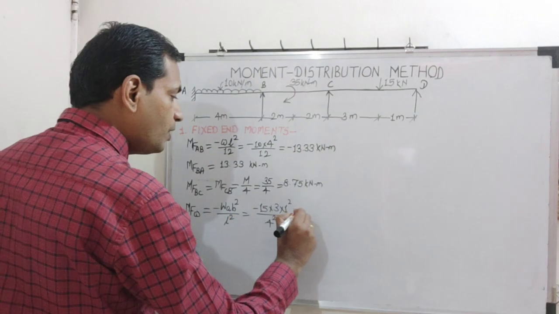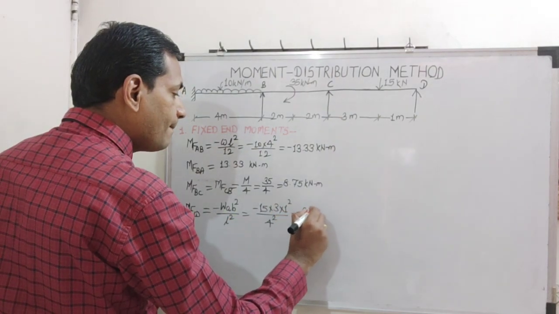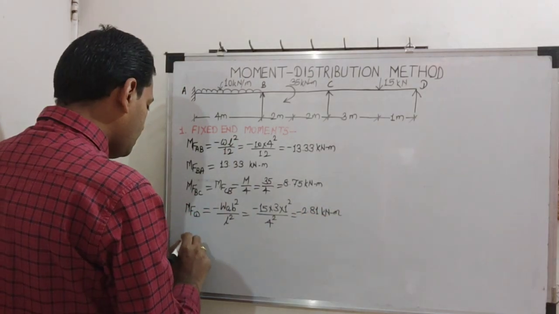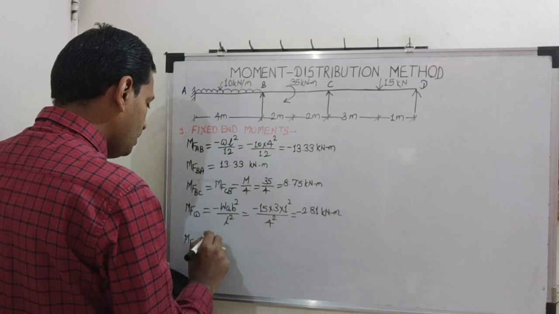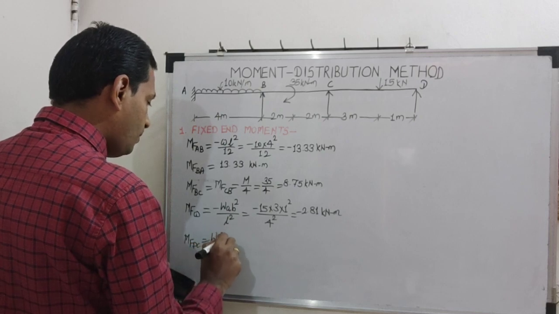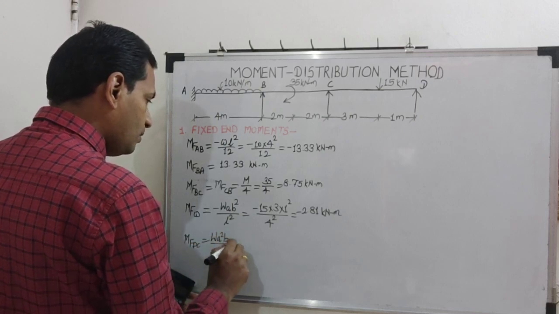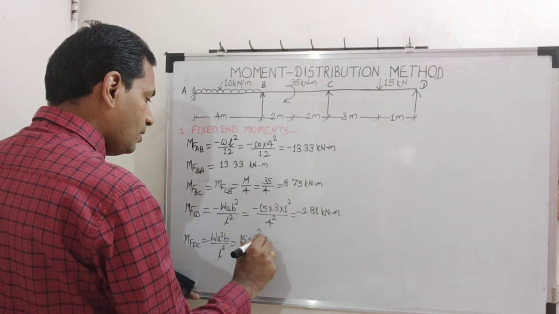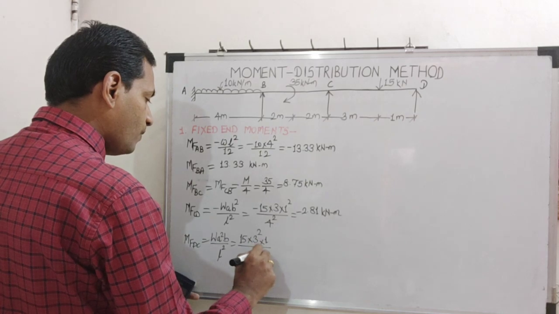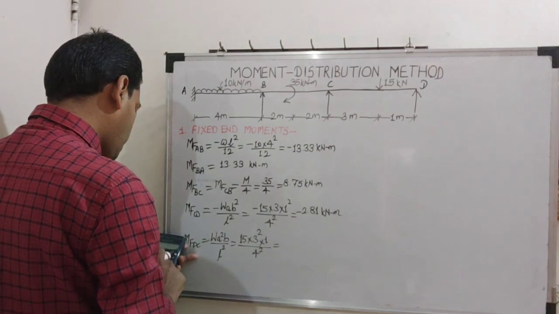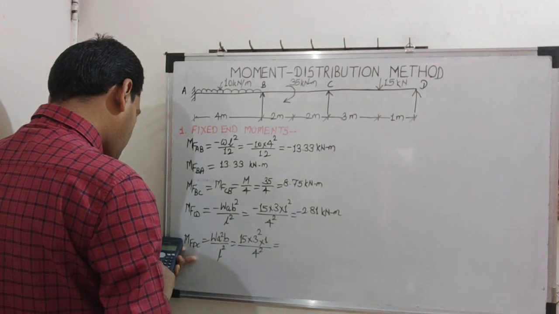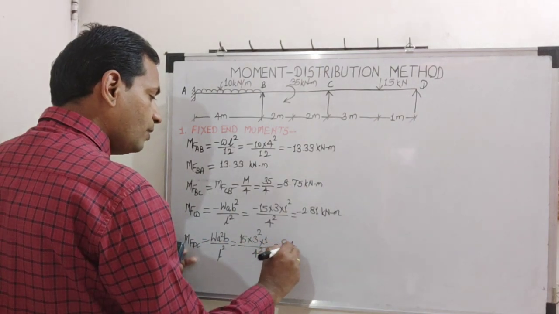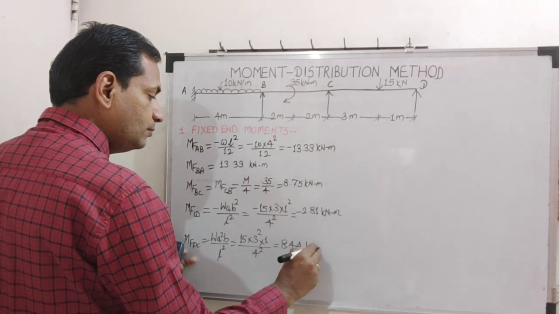So it is minus 2.81 kilonewton meter. The remaining moment MFDC will be plus W A square B upon L square. Plus 15 into 3 square into 1 upon 4 square. So it is 15 into 9 into 1 divided by 16. So the answer is 8.44 kilonewton meter.